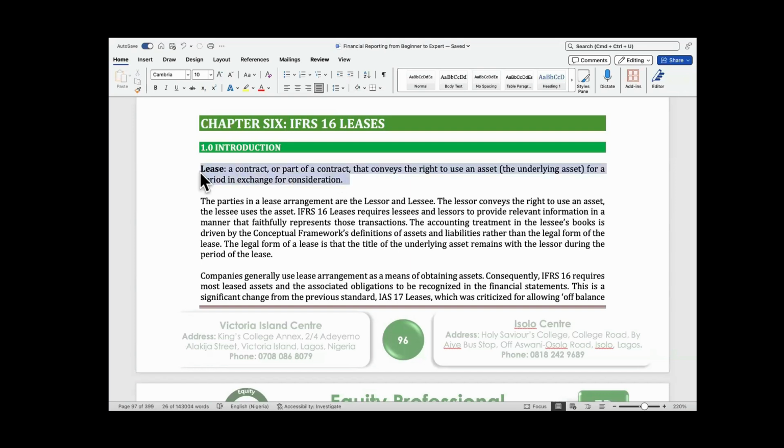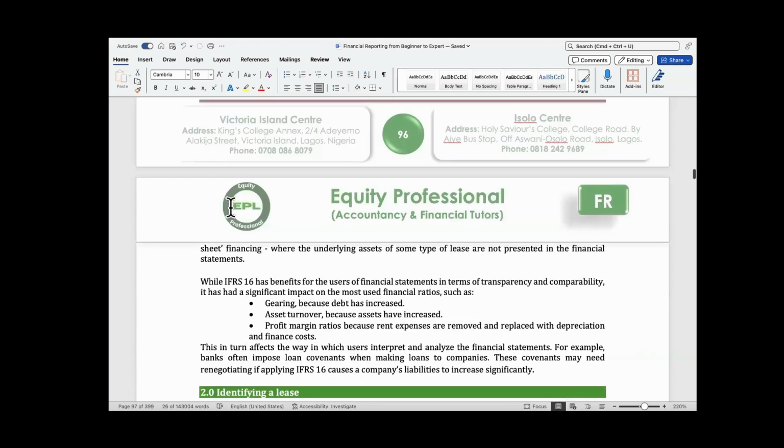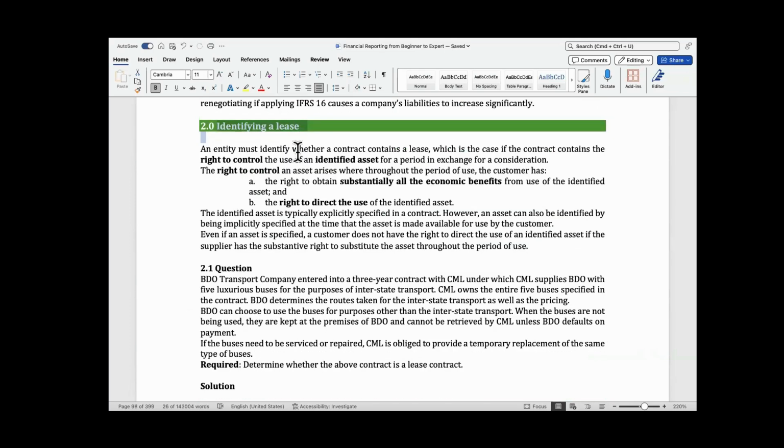Looking at this definition alone, it will help us understand what leases truly are, and that is why this standard talks about identifying a lease. Beyond the definition, yes, we have the right to use an asset conveyed by a lessor, but it is not every act of conveyance of right to use that becomes a lease.